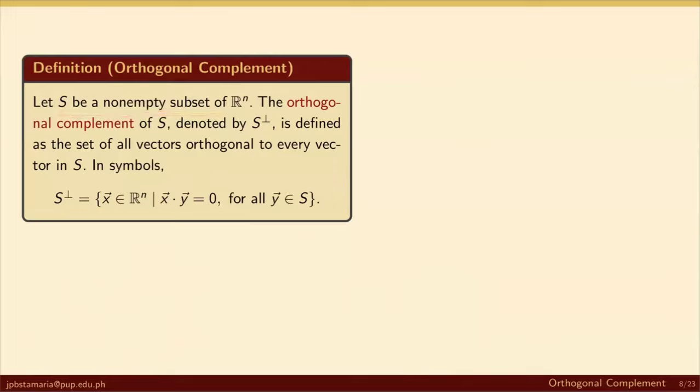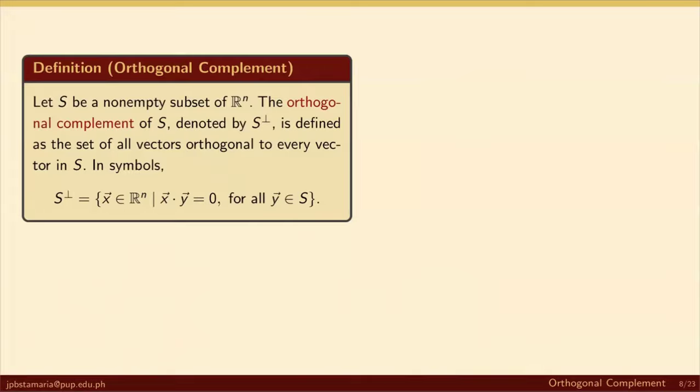We define the orthogonal complement of S as the set denoted by S perp. We read this as S perp. The word perp came from the word perpendicular. It is defined as the set of all vectors orthogonal to every vector in S. So imagine you have a set of vectors in S.